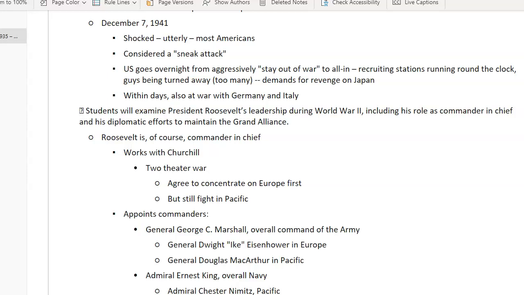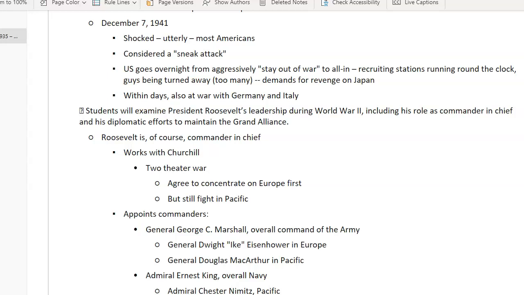And in fact, the military started turning guys away and asking them not to sign up. This is absolutely true. You can go look it up. They had so many guys flood. They told guys, go home. We will draft you when we need you, rather than have everybody sign up all at once because they weren't ready to handle it. And people had demands for revenge on Japan.